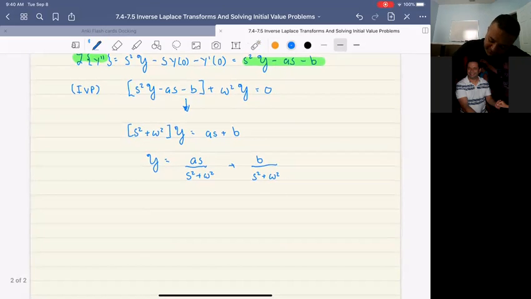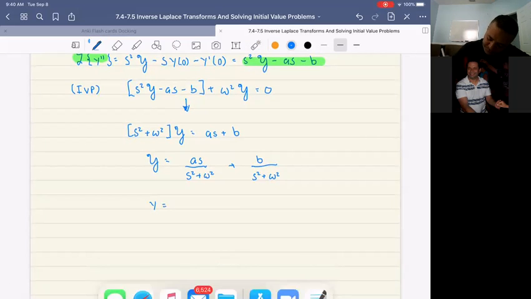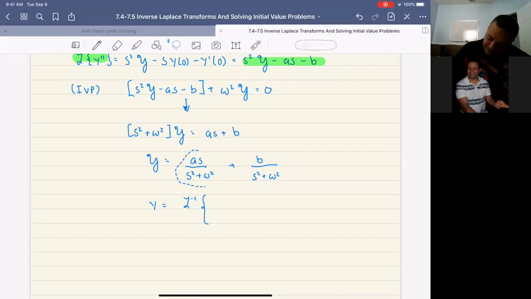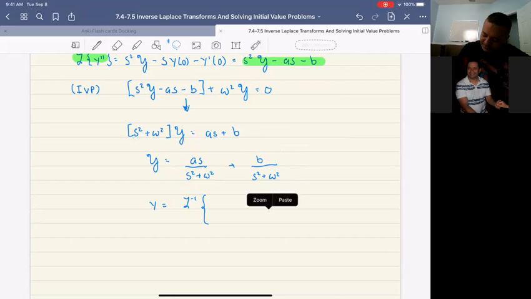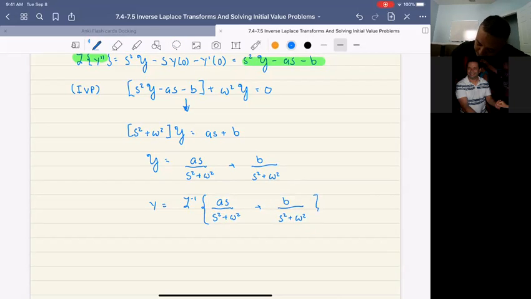Okay, so our y is going to be the inverse Laplace transform of this stuff. Now, one of the things we have to see is that the Laplace transform and the inverse Laplace transform are linear.